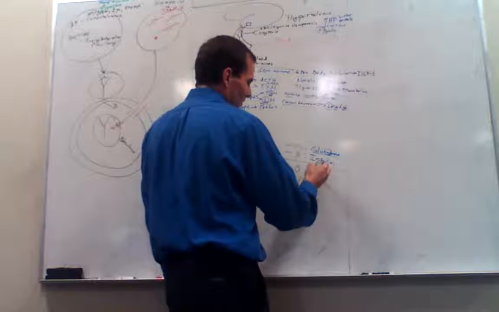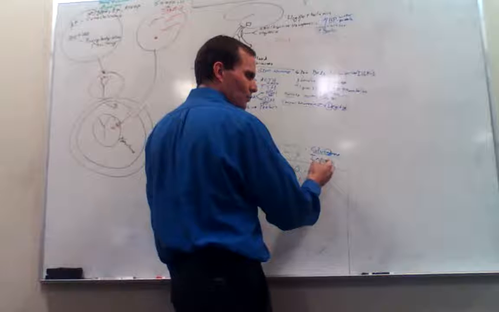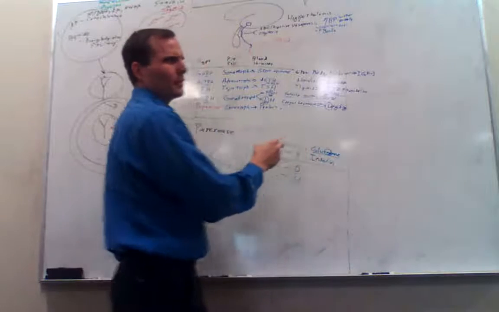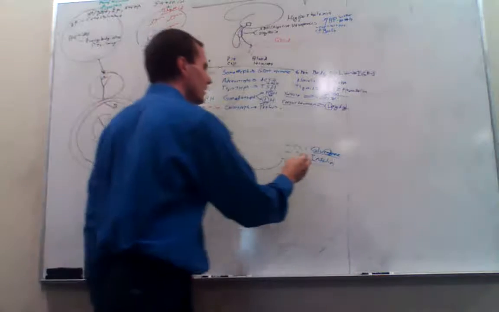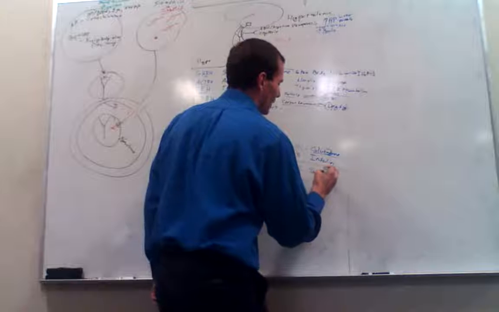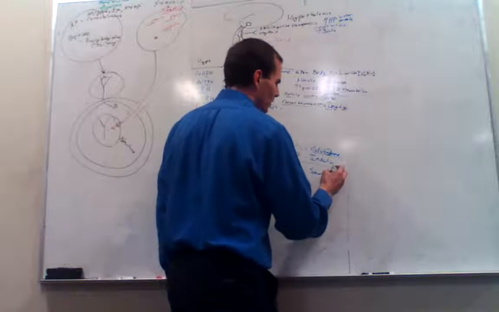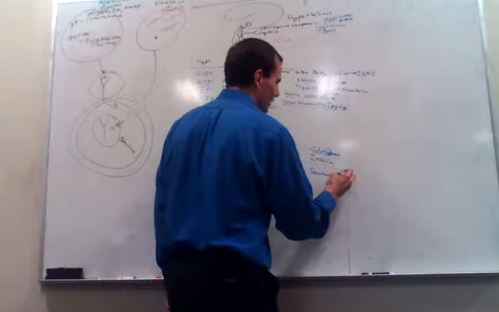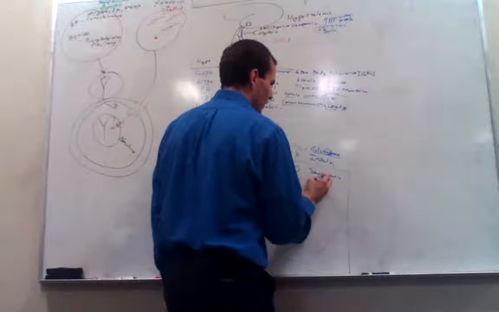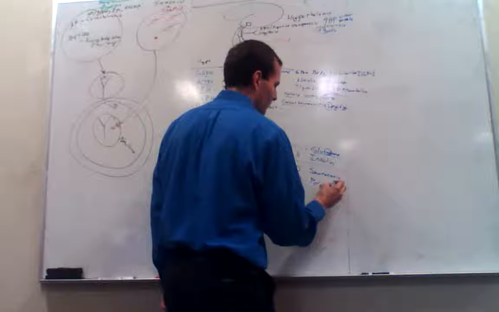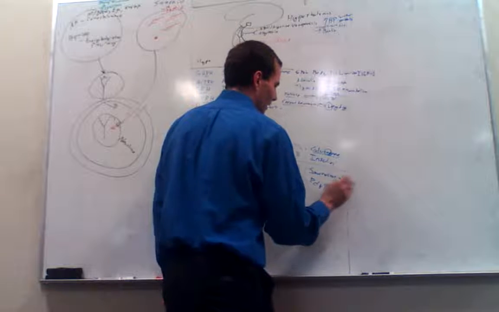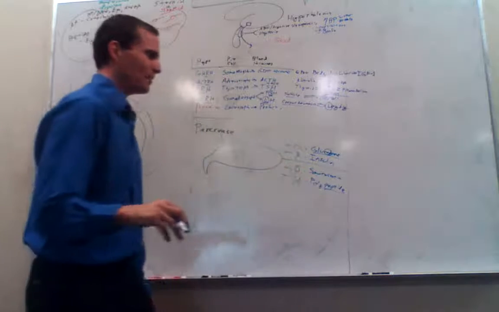Delta, this one I believe makes, I'm going to need a little help on these. I think it's somatostatin. Okay. Somatostatin, and then I believe gamma made pancreatic polypeptide. And I believe I have heard it shortened to just peptide hormone.